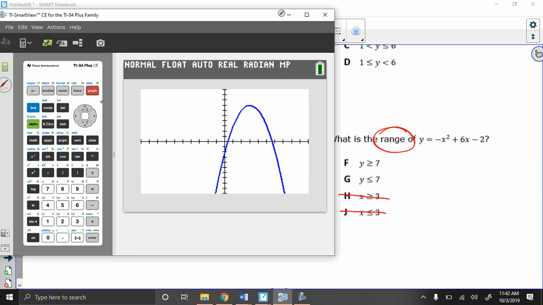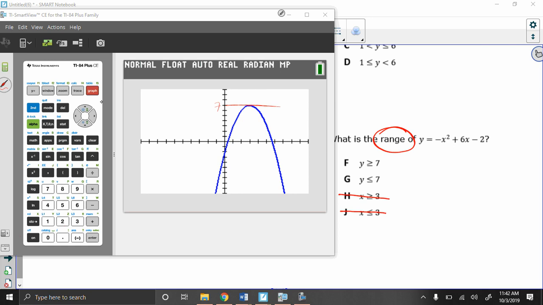a quadratic graph. So if I look right here, top of my graph is right here. That means that is the highest point I can go. So if we look, that's at 1, 2, 3, 4, 5, 6, 7. So the top of my graph is at 7. And I'm wanting all of the values greater than 7 or less than 7.